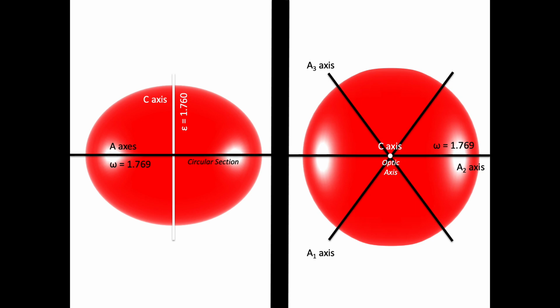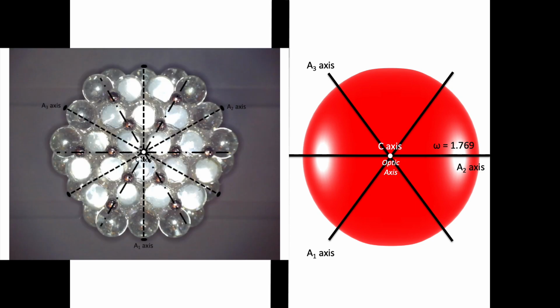And once again, our optical properties and our optical indicatrix are a result of the corundum crystal structure. Looking down the c-axis of our crystal, we can only see refractive index omega in this particular plane, and so we're not going to be able to see any fun pleochroism in this direction.